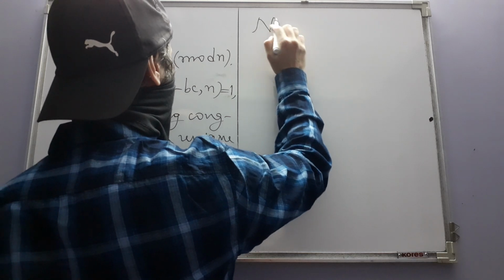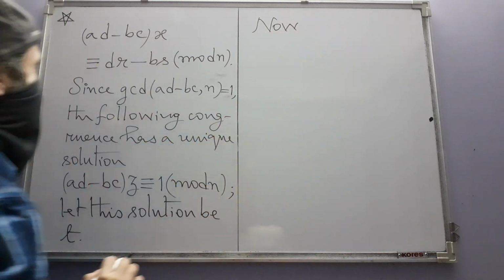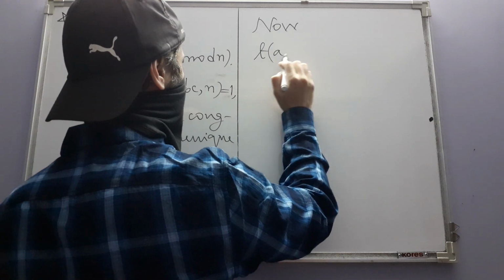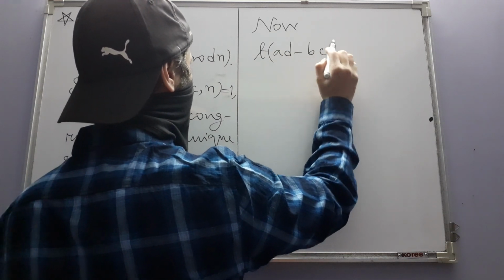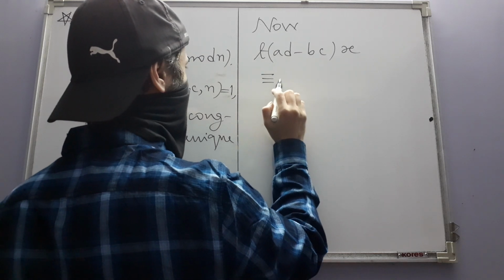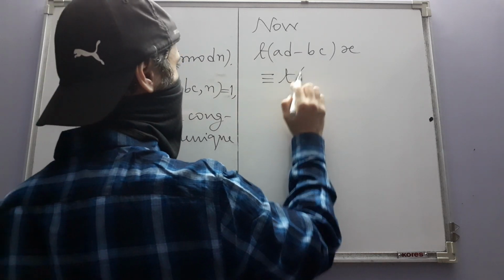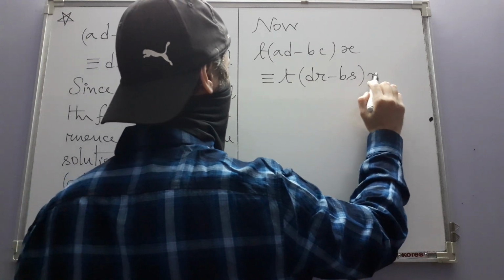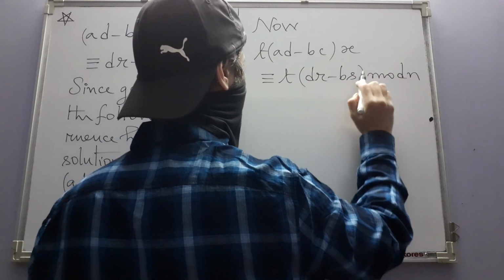Now, if you do that, you will get t times AD minus BC times x is congruent to t times DR minus BS mod n.